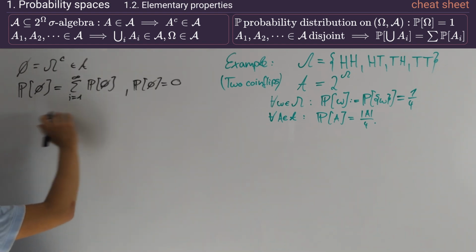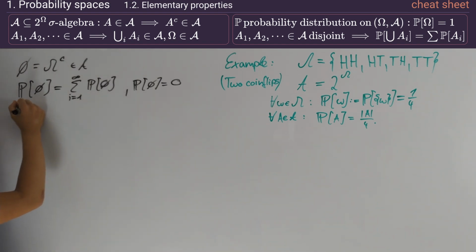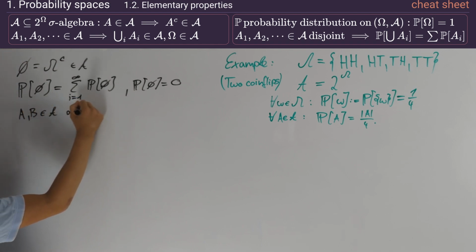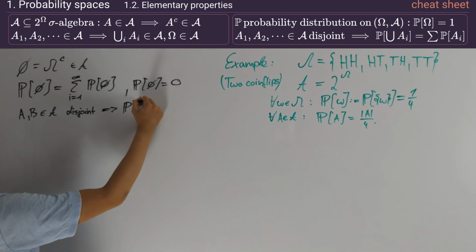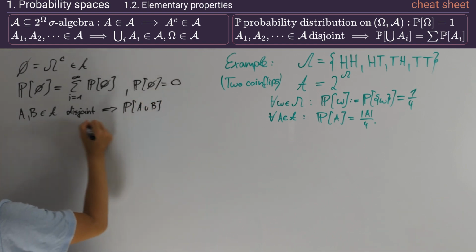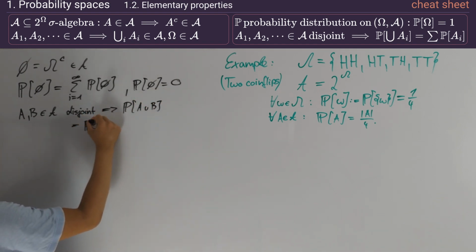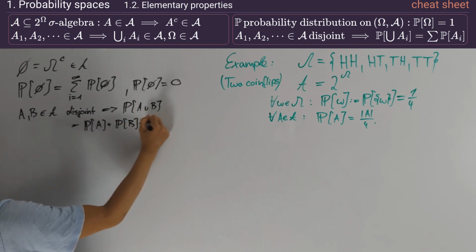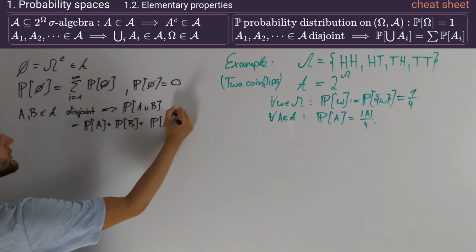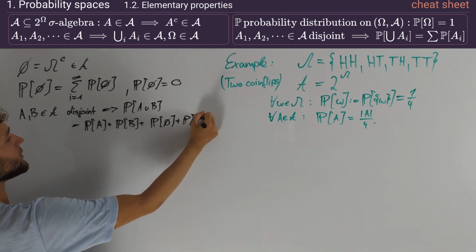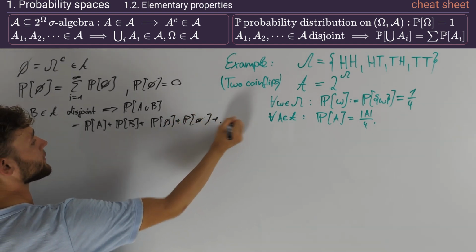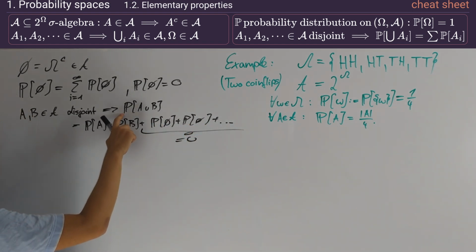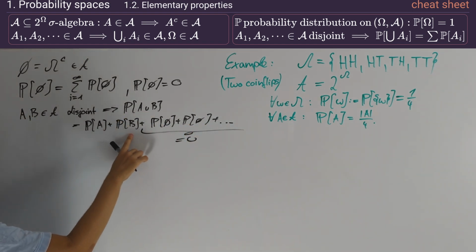From this, we also get a finite additivity for P, namely if A and B are disjoint elements of A, then P of A union B is equal to P of A plus P of B plus P of empty set plus P of empty set and so on. Since all of these summands equal 0, indeed P of A union B equals P of A plus P of B.